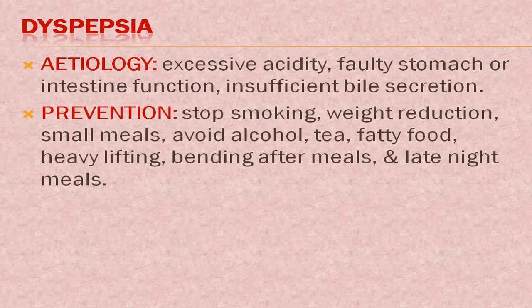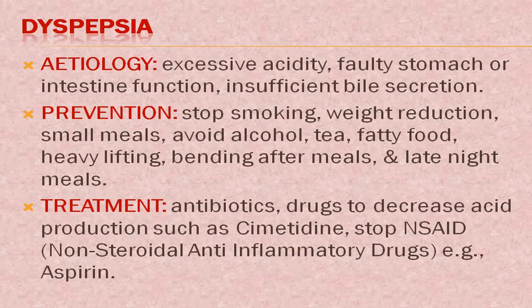Its prevention is to stop smoking, reduce weight, take small meals, and avoid alcohol, tea, and fatty foods. Heavy lifting and bending after meals, and late night meals should also be avoided. Treatment is with the help of antibiotics and drugs to decrease acid production such as cimetidine, and stopping NSAIDs, that is non-steroidal anti-inflammatory drugs like aspirin.